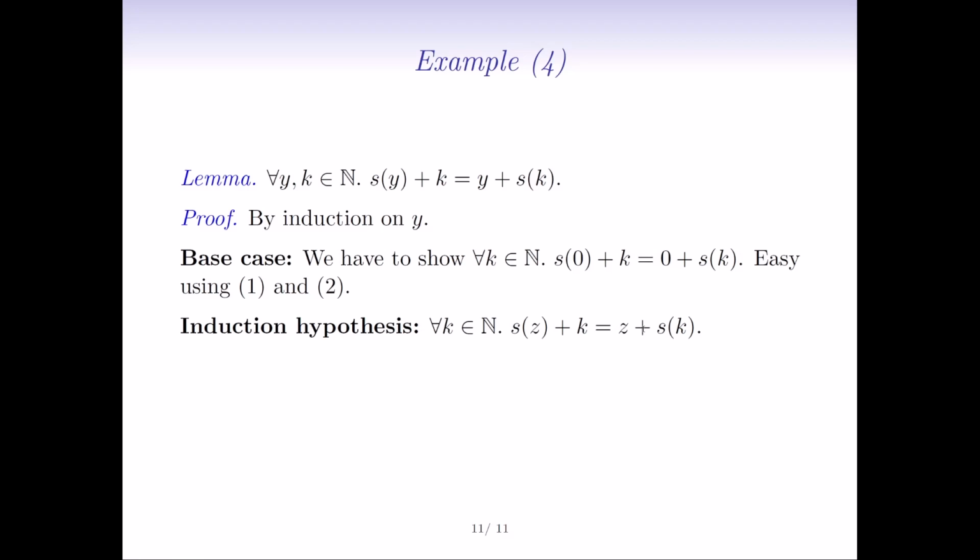That's the property with z substituted for y. And we have to show that P then holds of the successor of z, which, putting successor of z in for y in this equation, means showing that successor of sz plus k equals sz plus sk.